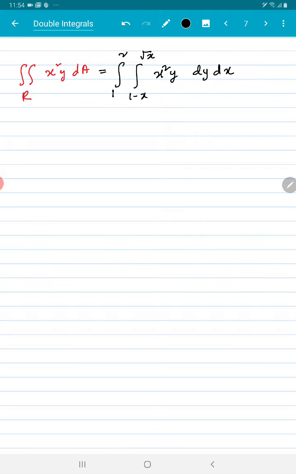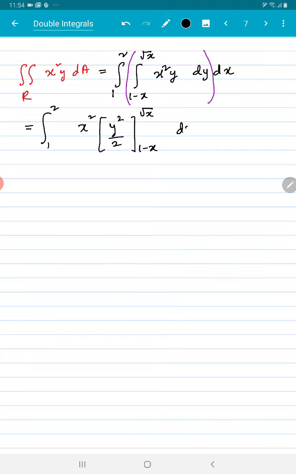Okay, so to evaluate the double integral, we need to integrate the inner integral first. So the inner integral would be integration with respect to y. Here we consider x as a constant, so x squared is considered a constant. Integrating y with respect to y, we get y squared over 2, and then replace y with the upper limit square root of x and the lower limit 1 minus x.